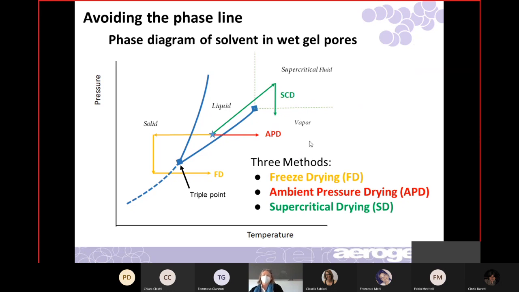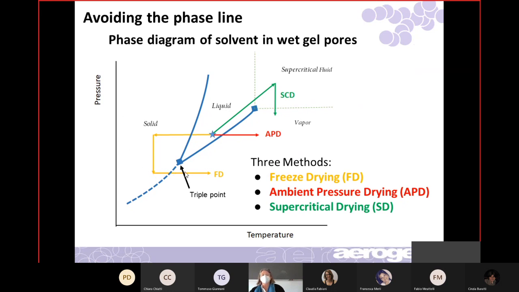So the three methods that you can use, one is freeze drying. I cool my substance, right? And then I evacuate it like a vacuum, lower the pressure. So I make it colder, lower the pressure, then I can go directly from a solid to a vapor.